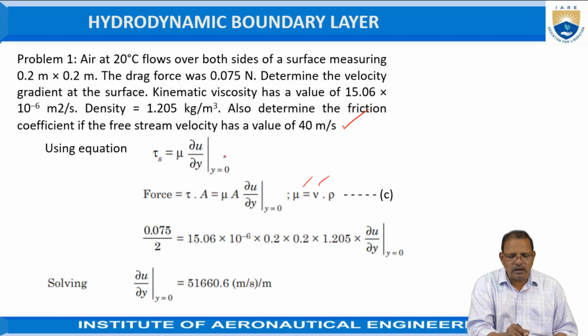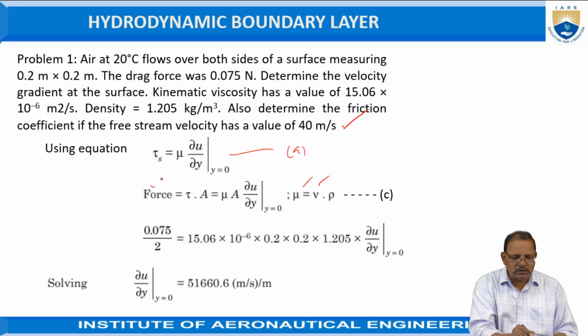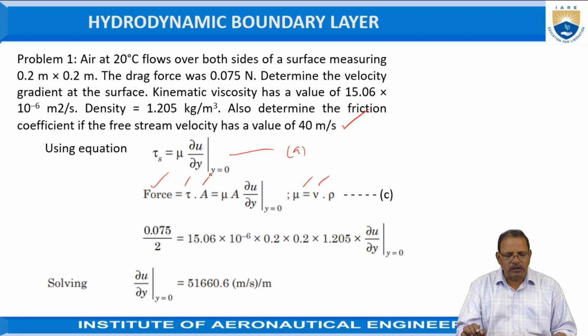Hence, force equals shear stress multiplied by area, which equals mu times A times du/dy. As already discussed, mu is the dynamic viscosity, the product of kinematic viscosity and the density of the fluid. So we substitute mu = nu times rho.